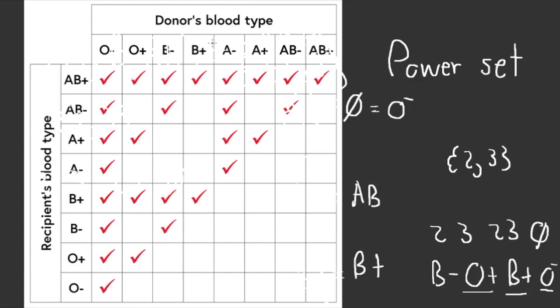And it is compatible with B negative, which is this one. So we can say that in order for blood types to be compatible, they need to be subsets of the blood type of the recipient.